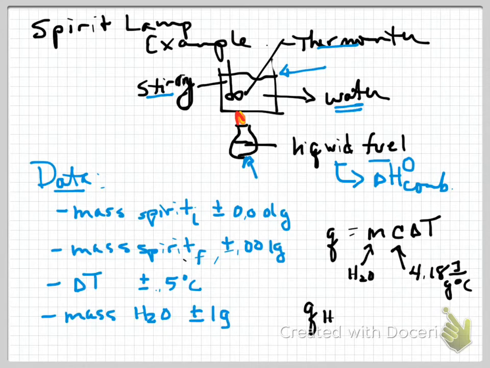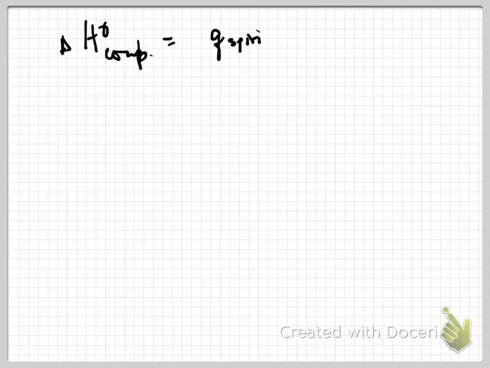Remembering that Q of the water is going to be negative Q of the spirit or the fuel. And that the change in enthalpy combustion for that fuel is going to be Q of the spirit over the moles of the spirit. Okay, and spirit meaning that liquid fuel.